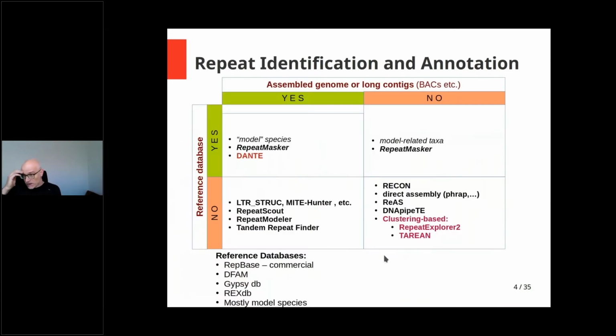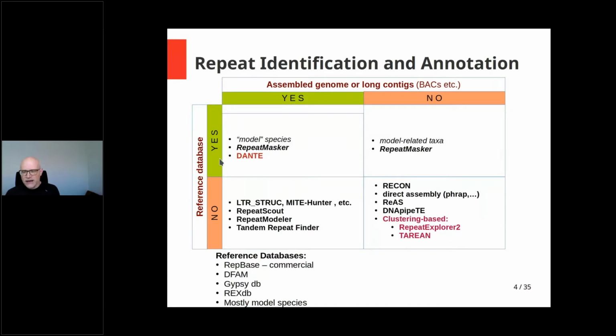So if you look at the tools which could be used for repetitive sequence annotation, you basically need to distinguish several categories. If you have a complete or partial genome assembly, and if you have your library of repeats, you can use one group of tools. One famous tool is RepeatMasker.